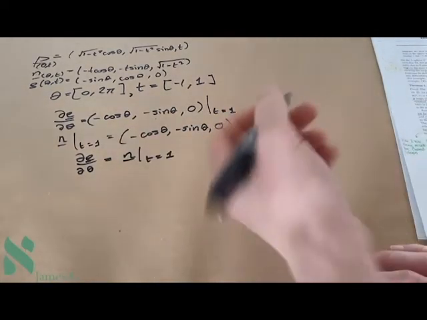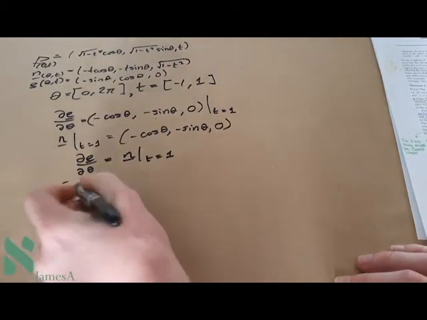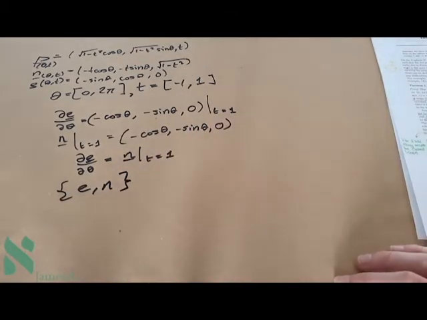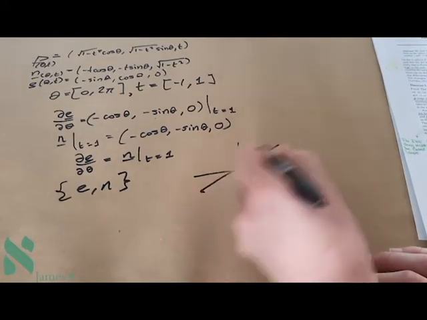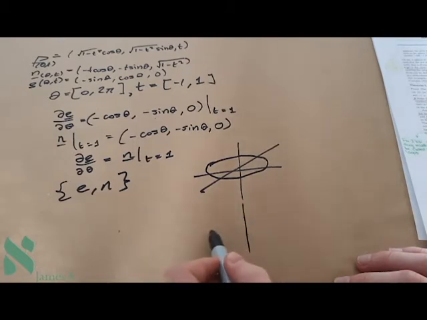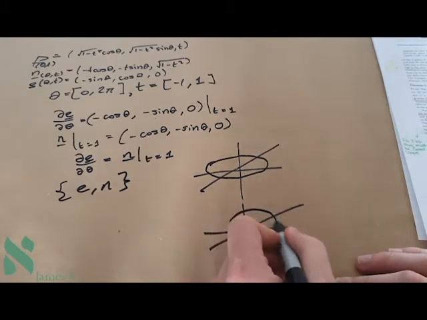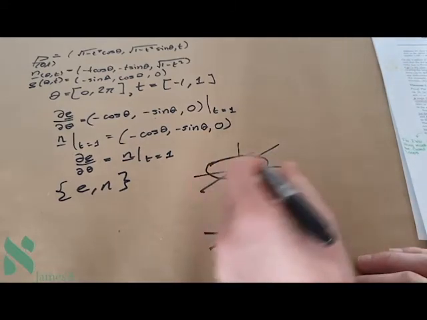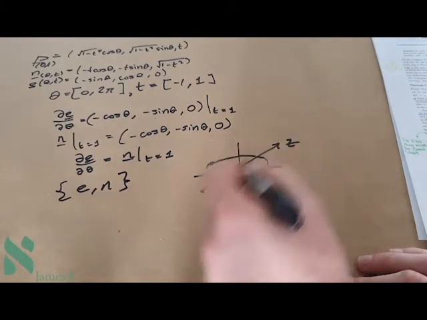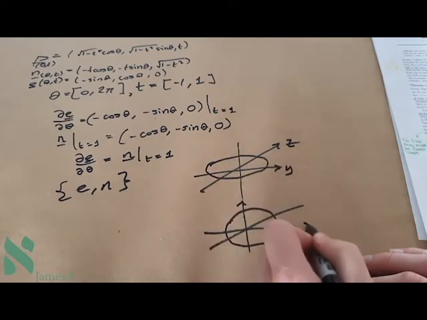We also can say that the basis of this vector space will be E, N. Looking back at the figures, that's pretty obvious to see because E is the circle, which is something like this, and N is a circle that lies in the ZY plane, and that lies in the XY plane.